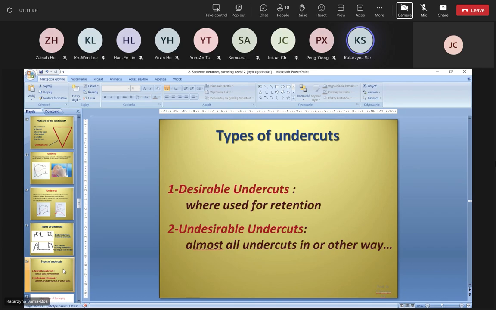And we also have undesirable undercuts, almost all other undercuts. Those undesirable undercuts should be blocked out, because otherwise they will disturb the placing of the denture in the proper place.